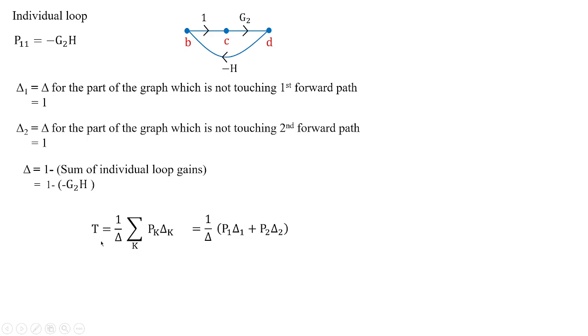The total transfer function will be equal to 1 by delta, P1 delta 1 plus P2 delta 2, which is 1 by delta, where delta we got as 1 plus G2H, and P1 is G2 G3, delta 1 is 1, P2 is minus G1 and delta 2 is 1. So overall, the transfer function is G2 G3 minus G1 by 1 plus G2H. This is the same answer we got using the block reduction technique.